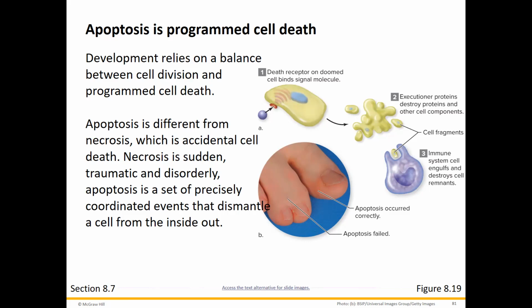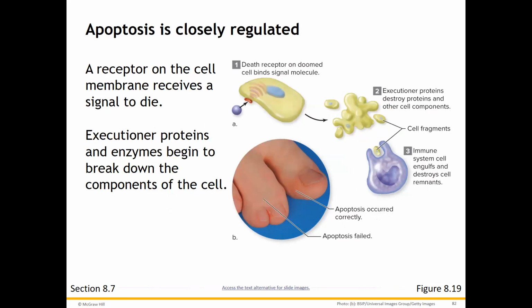Whereas apoptosis is very precise, coordinated events that dismantle a cell from the inside out, right? That's what's going on here. So you've got a receptor on the cell membrane that receives the signal to die. Here's the cell. This is apoptosis. Then executioner proteins and enzymes begin to break down the cell from the inside.